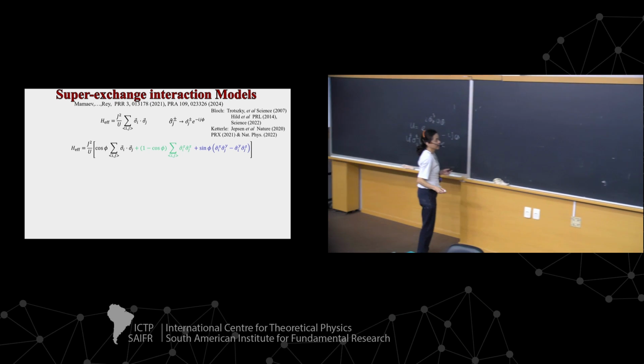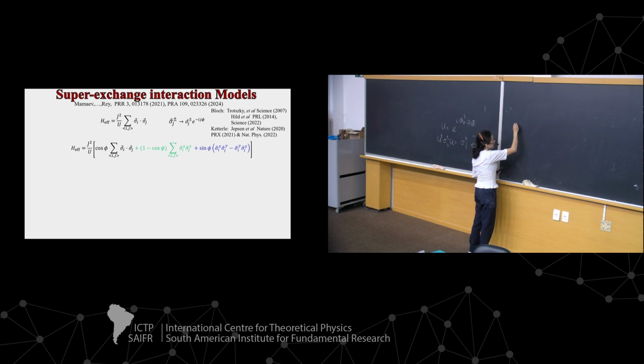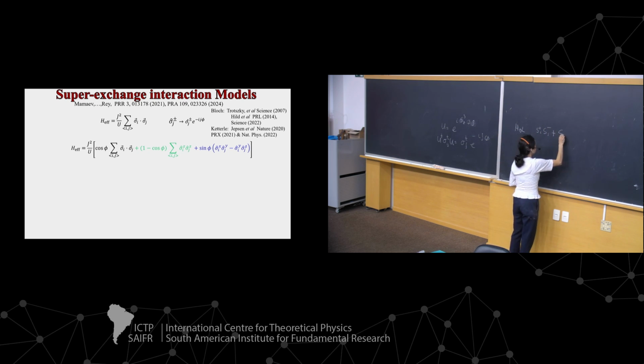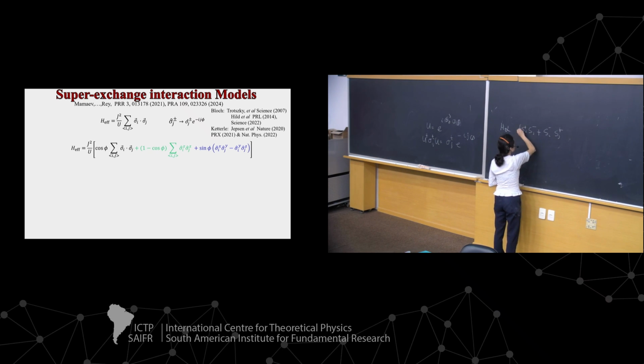So the Hamiltonian is going to be proportional to S plus i Sj minus plus S minus i Sj plus.